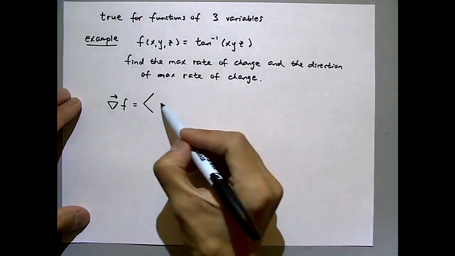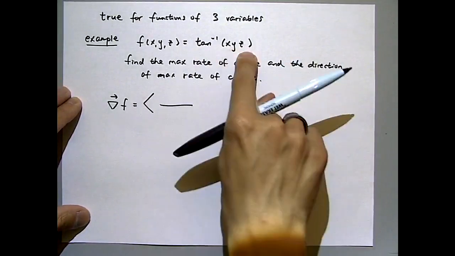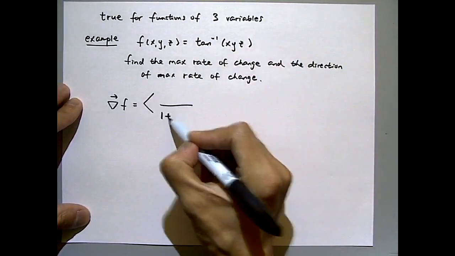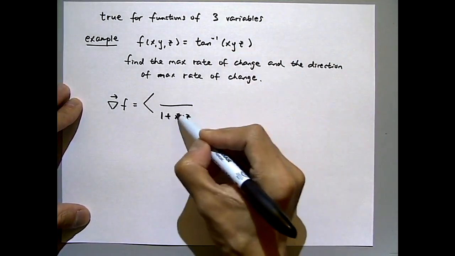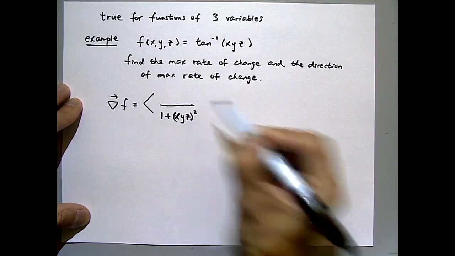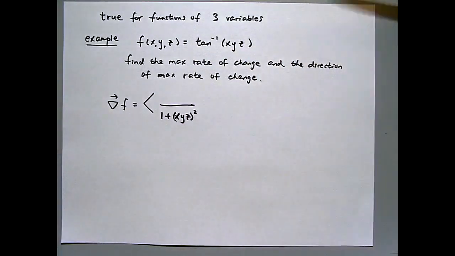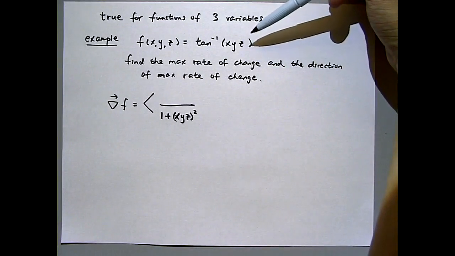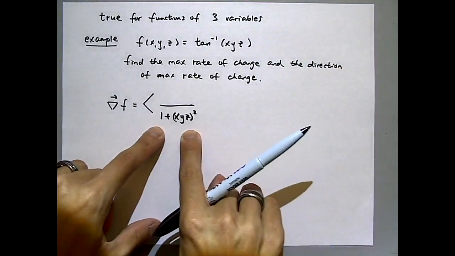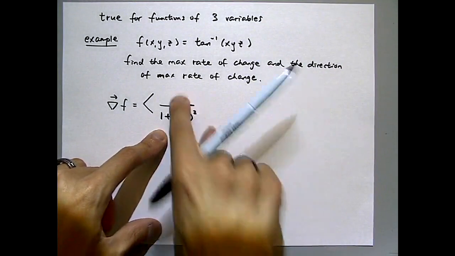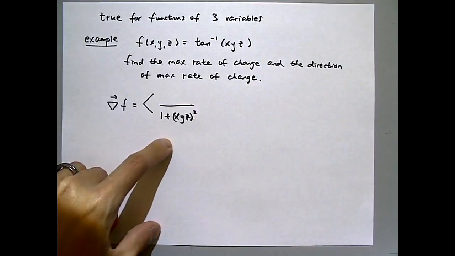Yep. So, the inverse tangent of blah is 1 over 1 plus blah squared first. Then the chain rule kicks in. We need to take the derivative of blah. And the first one here, variables x. So what do I get on the top? yz. Very good.